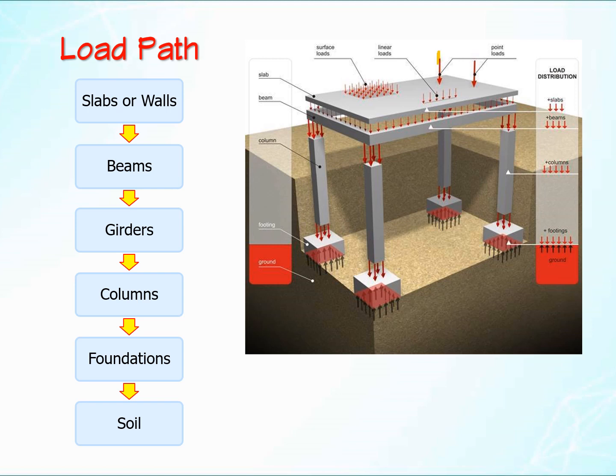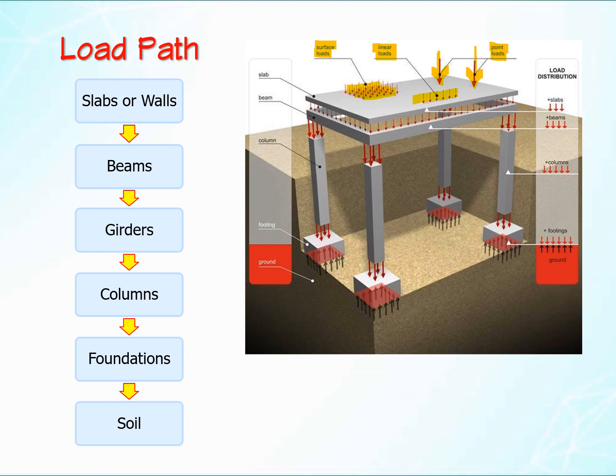If you look at the load type, it could be concentrated load, or they may call it point load. If there is a wall, it will constitute a line load. But mainly, loads are applied to the slab in form of surface load or area load.